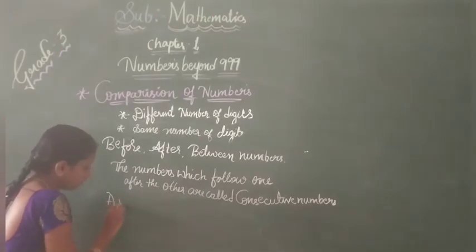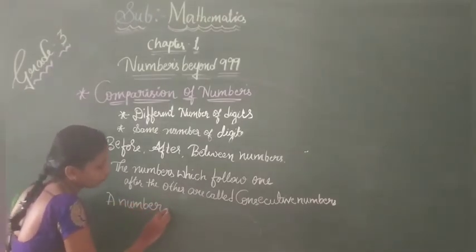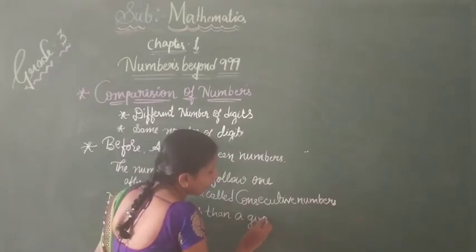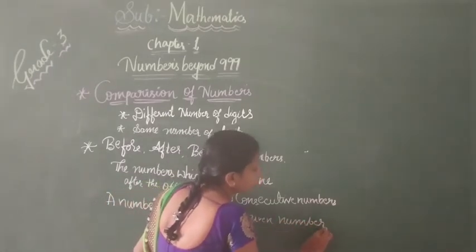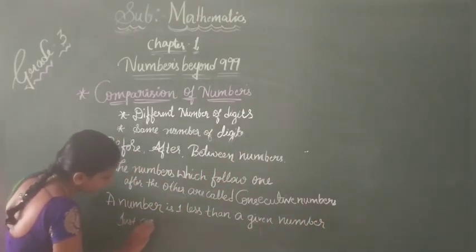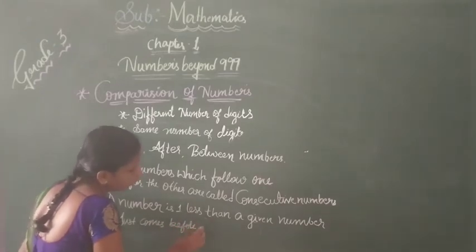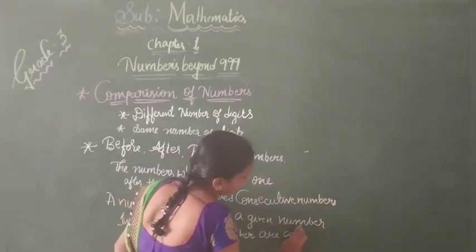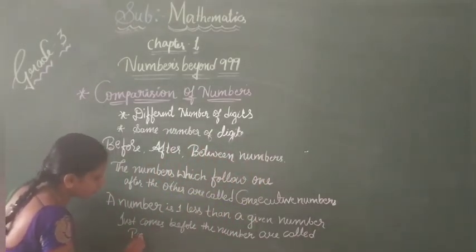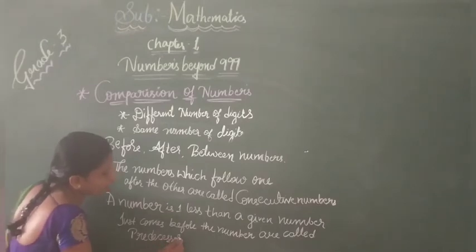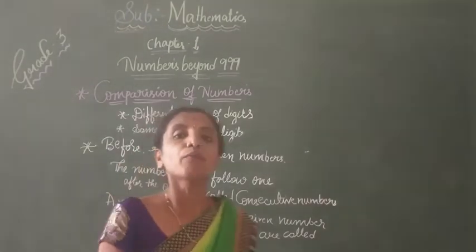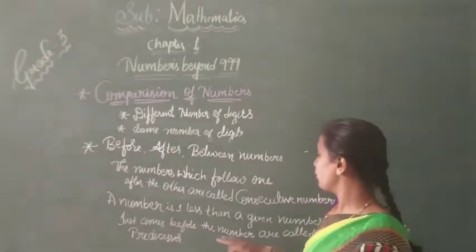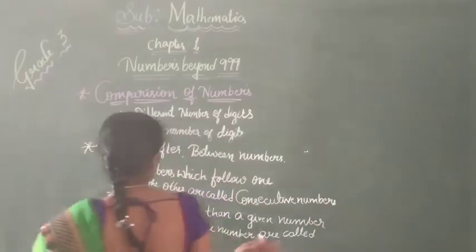Look, a number that is one less than a given number just comes before the number. Is called what? Predecessor. This means the before number we also call a predecessor, because it is one less than a given number and just comes before the number.